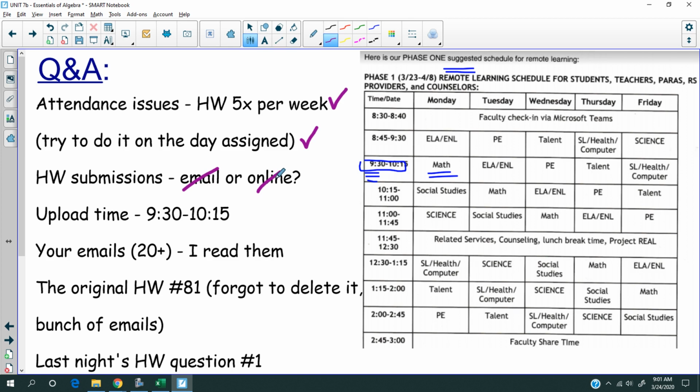Just make sure you write your full name. If it helps, write down your homeroom number too, because one person did it yesterday, and that was helpful. That way I can keep track, because I already told your parents that at some point, probably in 2 weeks, I'm gonna keep track of who has done homework and who hasn't.